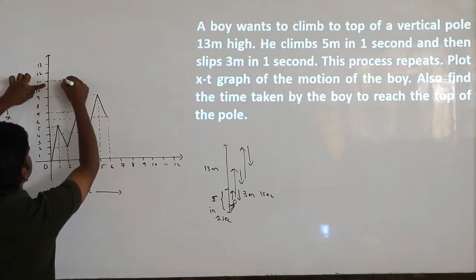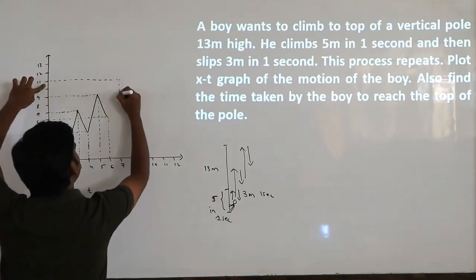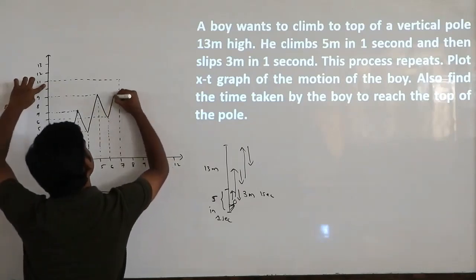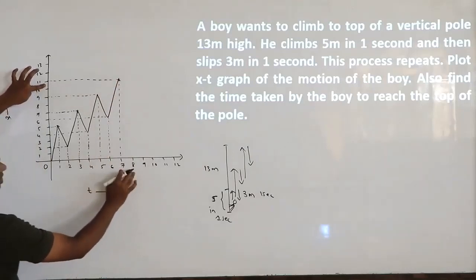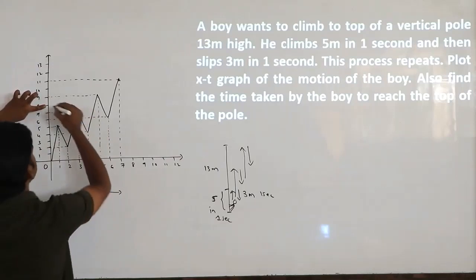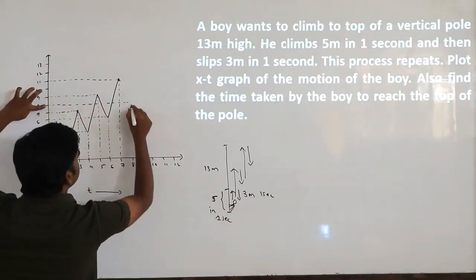Means 11. And here it will become about 7. Next for 7 to 8 he will come down for 3. 1, 2, 3. For 8 he will come.